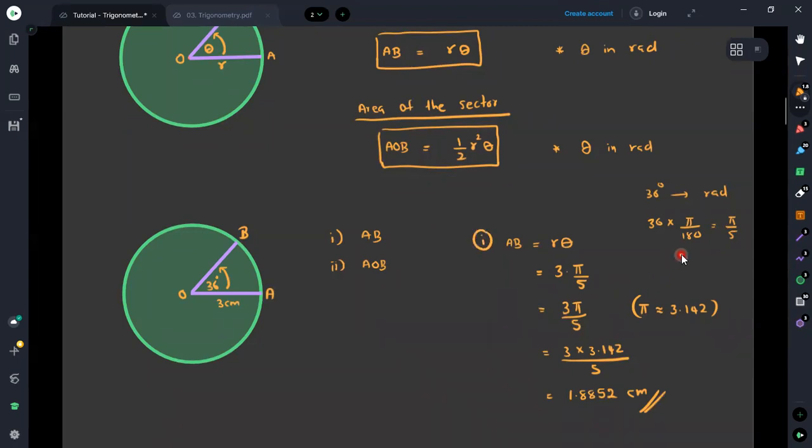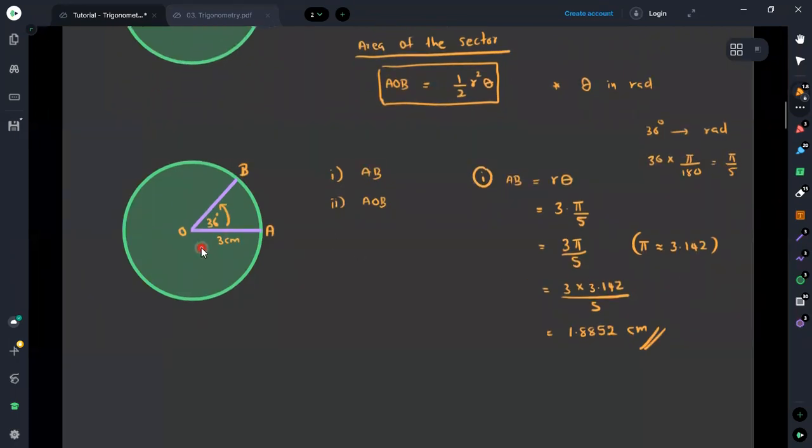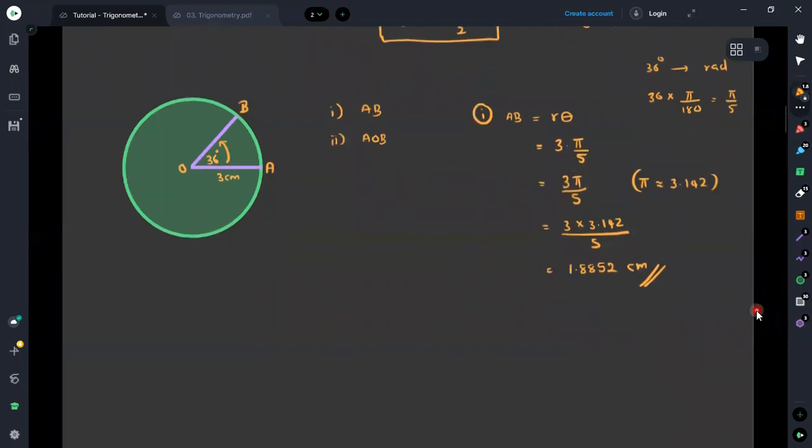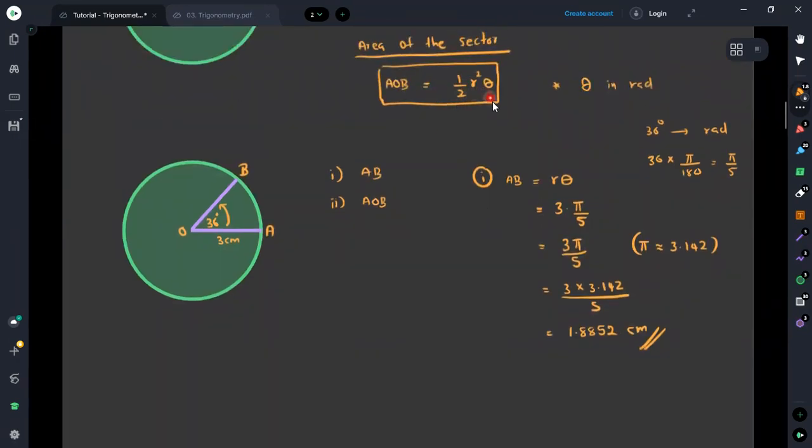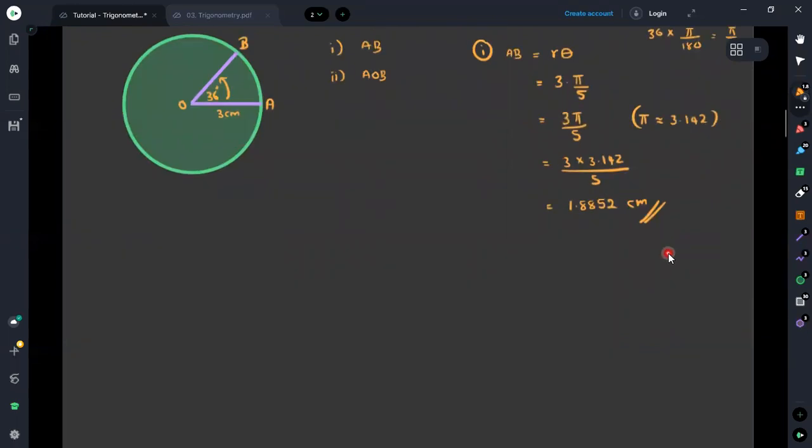In a similar manner, we can calculate the area of the sector as well. To find the area of the sector, we have to use the equation half times r squared times theta. For the area of the sector AOB, we use half times r squared theta.